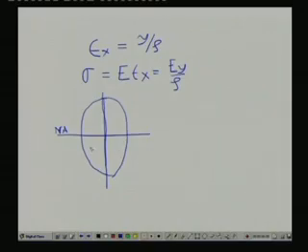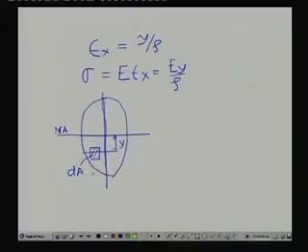So, if we consider a small elemental area somewhere at a distance of y from the neutral axis, and call this area dA, then what is the total force acting onto this dA?